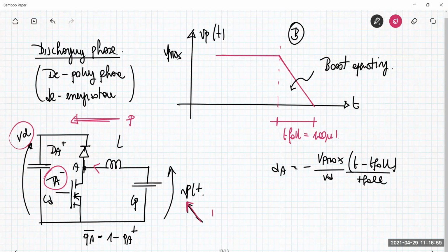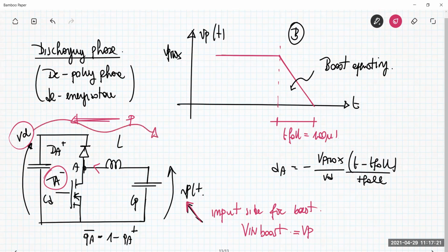So this is the input side for the boost. Let me call this V in boost. V in boost is Vp. This Vd here is the output side.